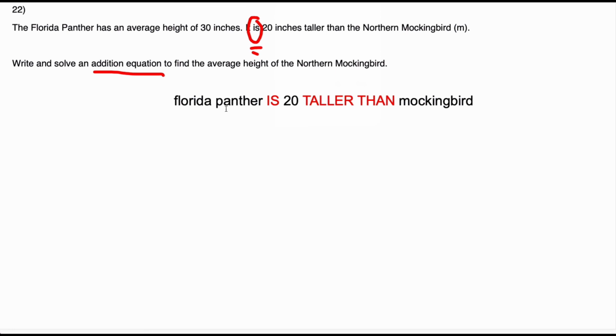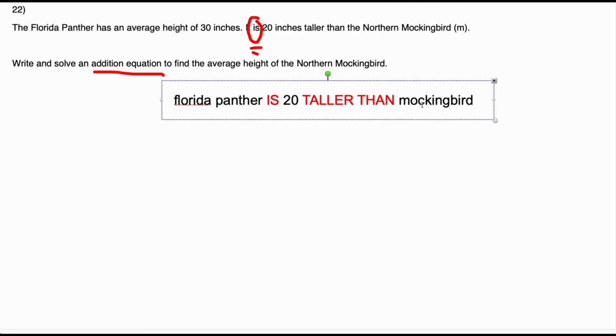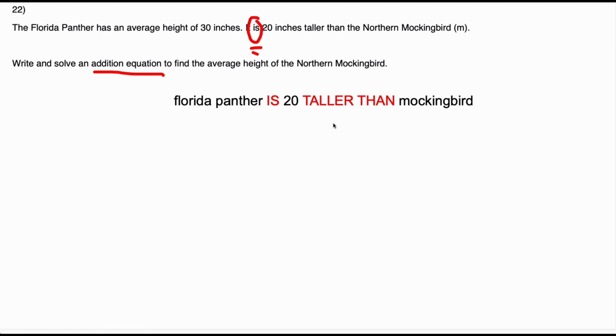Whatever the Florida panther is, which I think is given to you, is, or equals, 20 taller than whatever the mockingbird is. In this equation, you should have numbers, an equal sign, an operation, and 1 variable. And the variable is for the thing that you don't know. Hint, hint. What is the one thing you don't know in this? So I'm not totally giving it away, but hopefully nudging you in the right direction.